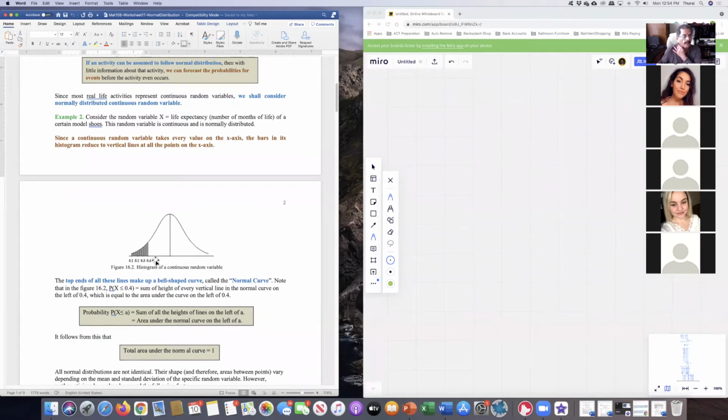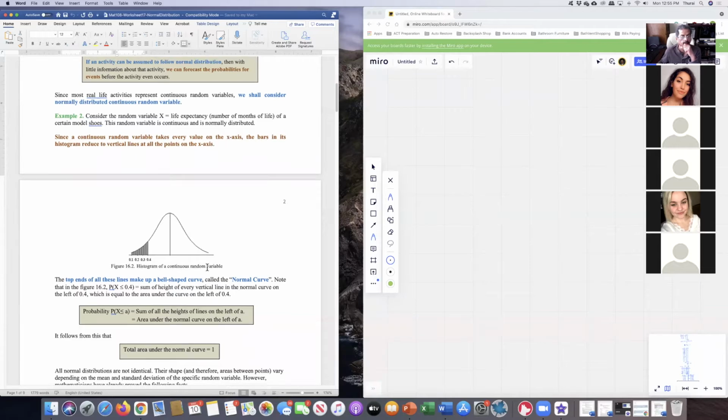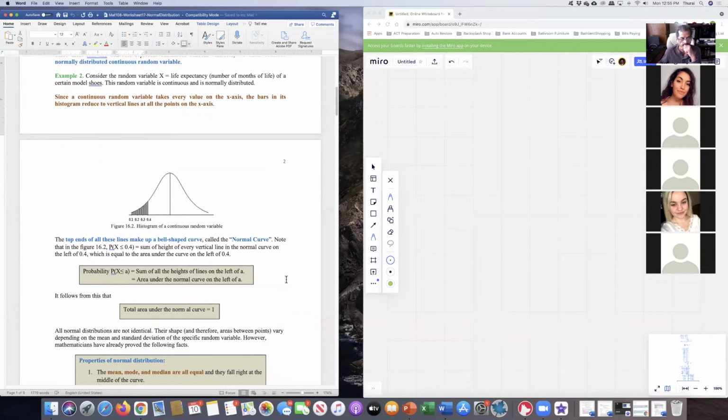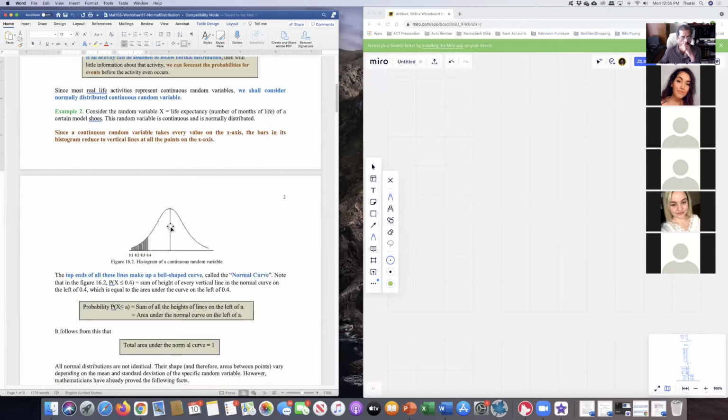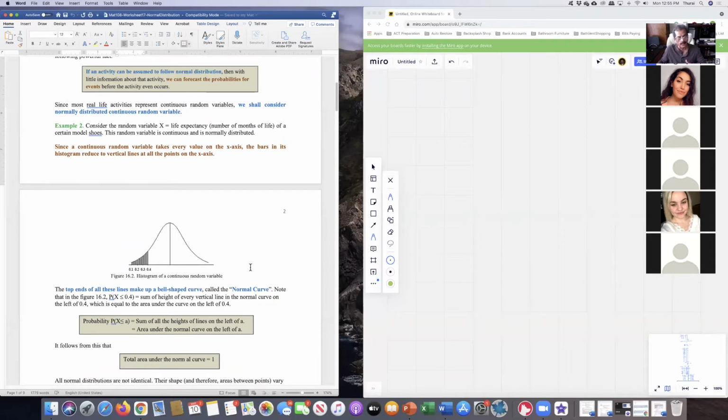So adding up all the bars here will be equal to the area under the entire curve, the whole area. And that will be equal to 1. So the entire area under the normal curve is equal to 1. And to find probability for any range, you need to find the area under the normal curve in that range.